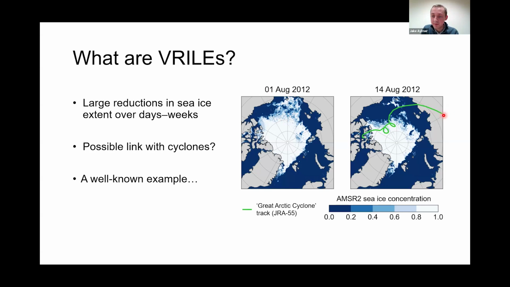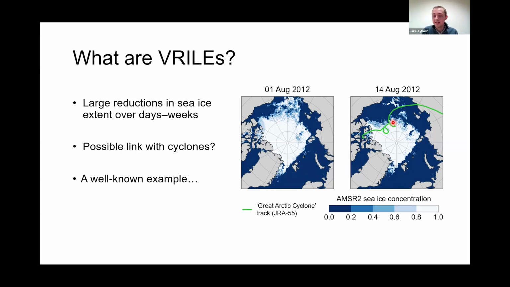The cyclone came across from this direction and passed over the ice during this time period. As I said, it was very long-lived, very intense, and brought strong winds over the ice. A lot of studies at the time and to this day have analysed this event, and many studies are saying that the cyclone contributed quite substantially to this rapid ice loss event.